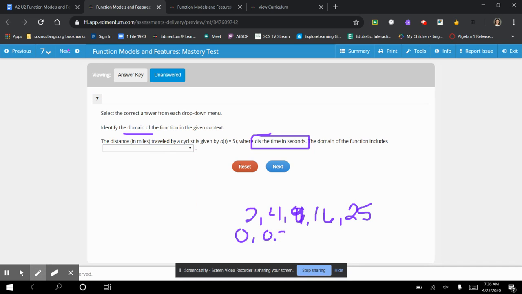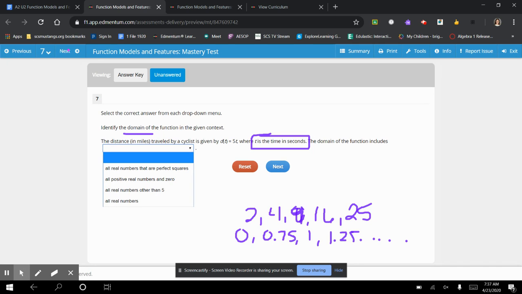And I'm just making up numbers, 0.75, 1, 1.25, and then keep going. Could we measure time that way? And then all real numbers other than 5, or all real numbers? So it's really going to come between all positive real numbers and 0, or all real numbers, and you just got to think about how can you measure time.